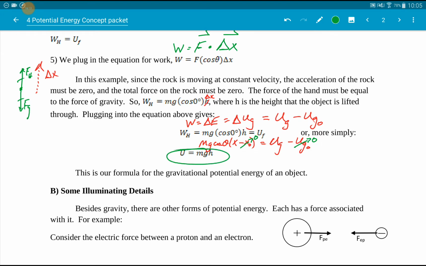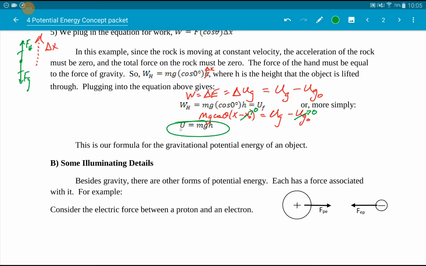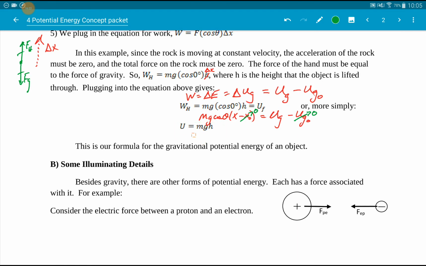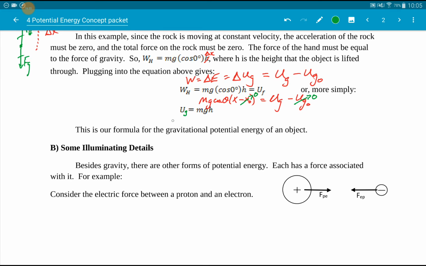So most oftentimes it's written as something like this, but notice that what I'm trying to point out here is that this U is not a change in gravitational potential energy. And if I wanted to write it a little bit more accurately, we need a little subscript G on this guy because that's the gravitational potential energy. That's not any potential energy, just the gravitational potential energy. To write it slightly more accurately here, we'd write it as the change in gravitational potential energy is equal to mg and now some delta x, or I've seen it written as delta h, some change in height there.